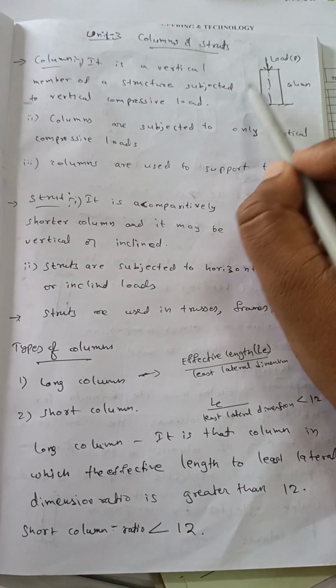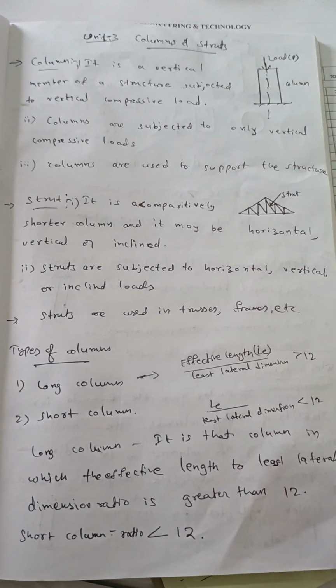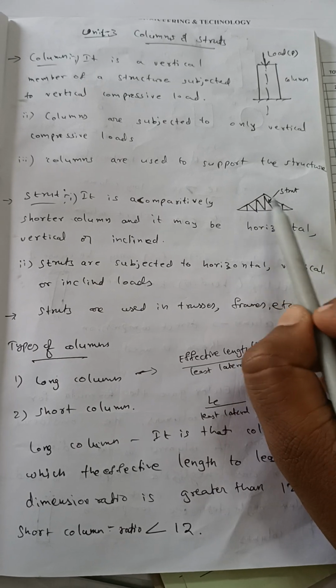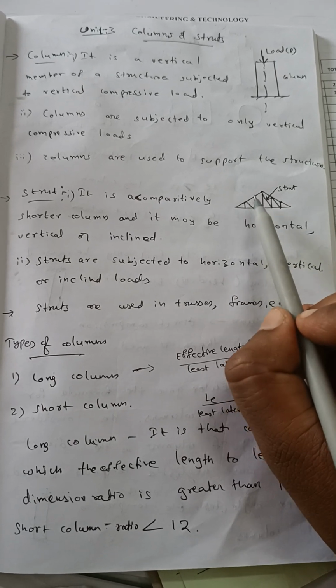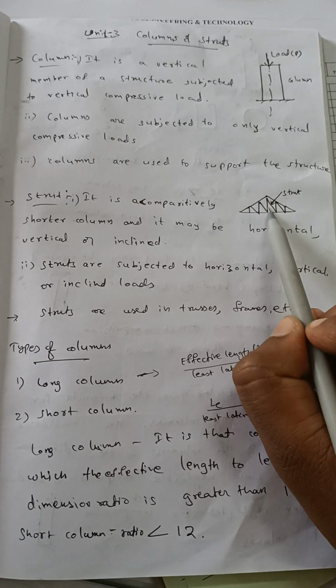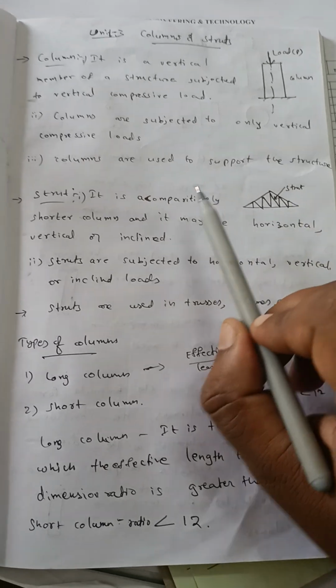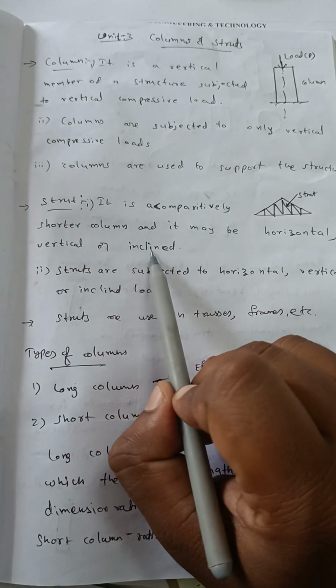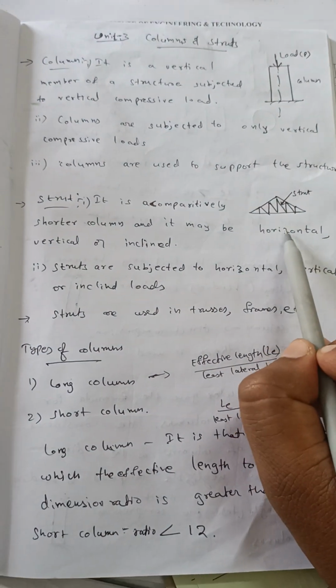So what is the use of columns? To support the structure. Now strut, what do you mean by strut? If we take the example of a truss, these are known as the struts. A strut is a comparatively shorter column and it may be vertical, inclined or horizontal.